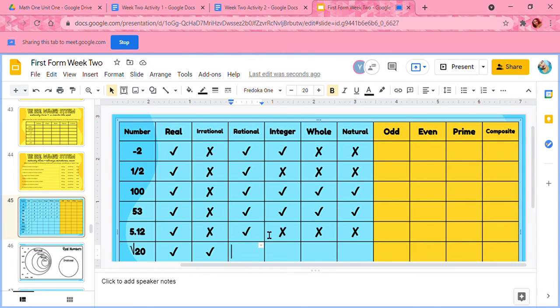Is the square root of 20 rational? No, it's not. Is it an integer? No. Is it a whole number?